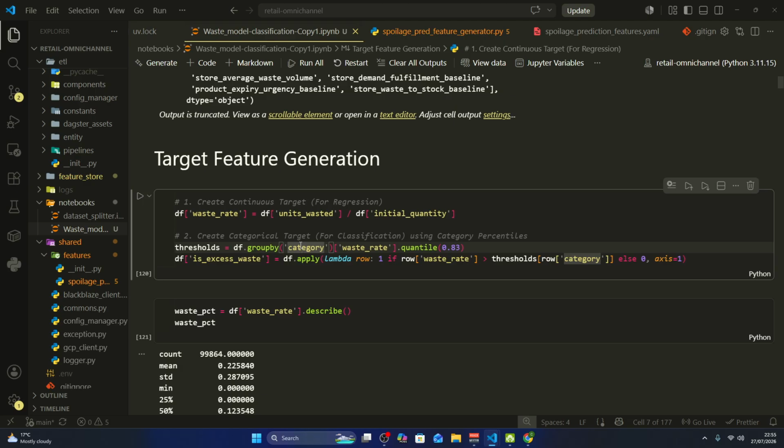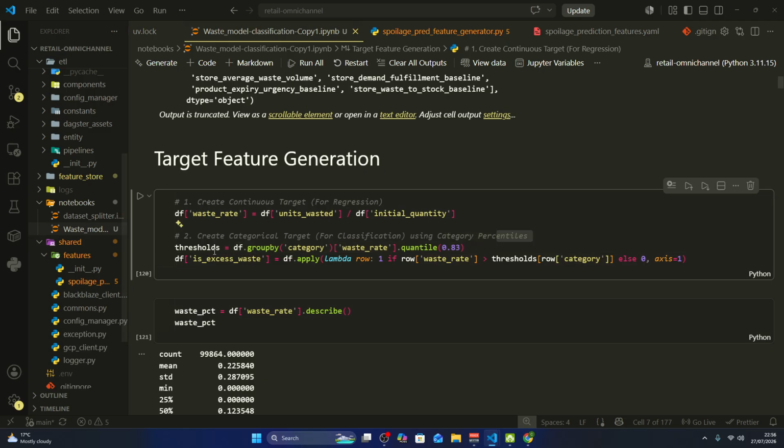To avoid an arbitrary value that cuts across the different categories, you have to dig deeper into each category and let the spoilage rate within each category tell us what cutoff we are going to use. That is essentially what I'm using here.